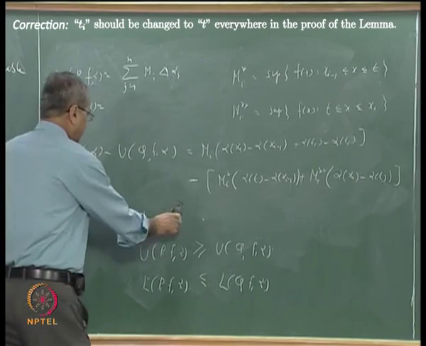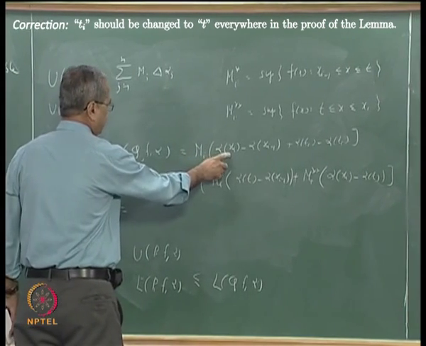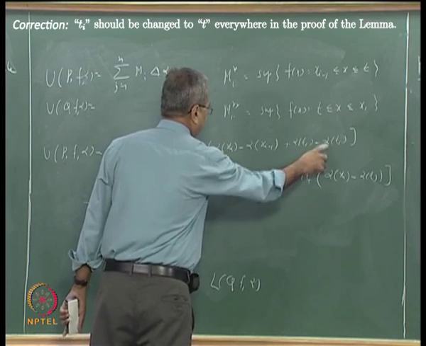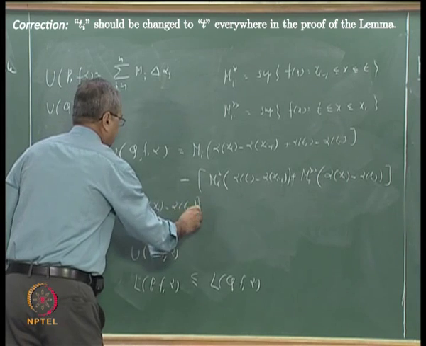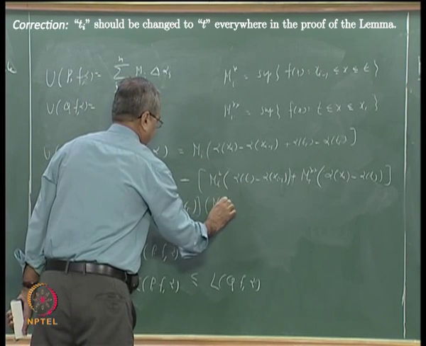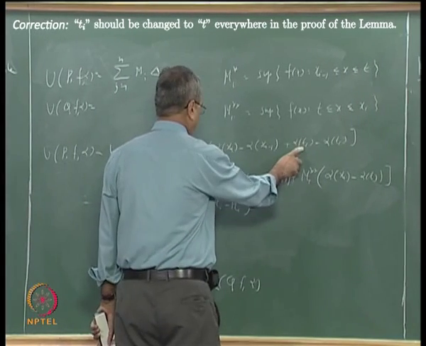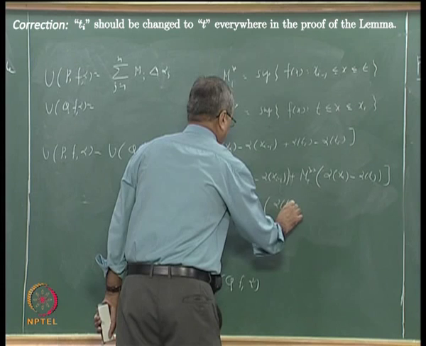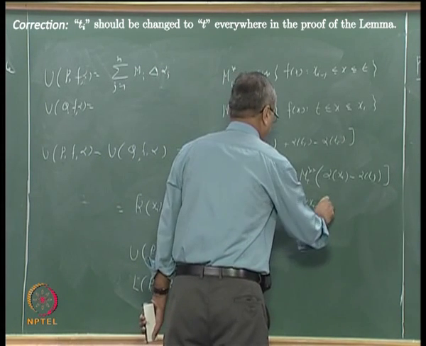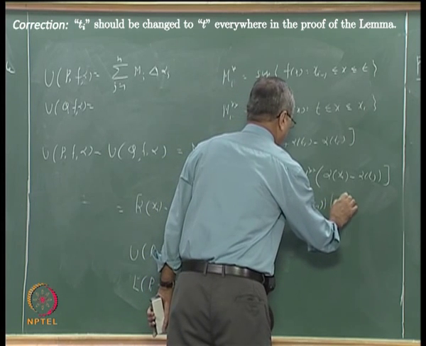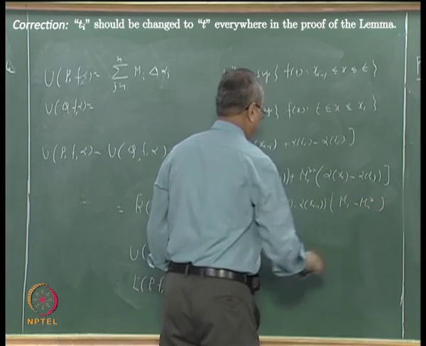If I do that, you can see that it will be alpha(x_i) minus alpha(t), multiplied by (m_i minus m_i**), and what remains, plus alpha(t) minus alpha(x_{i-1}), that into m_i minus m_i*, sorry, m_i minus m_i* here.